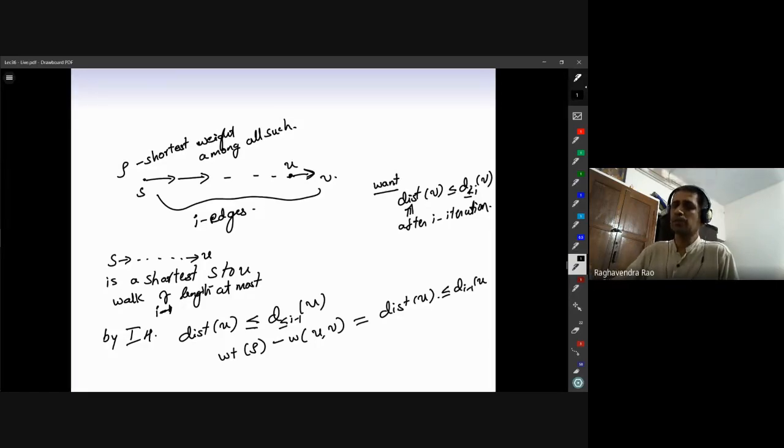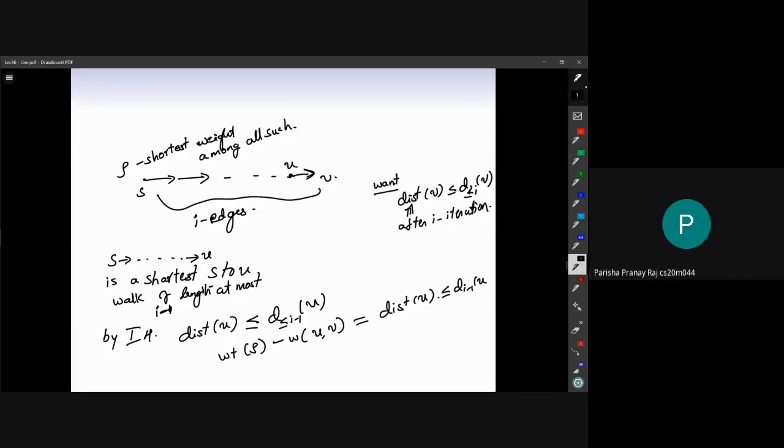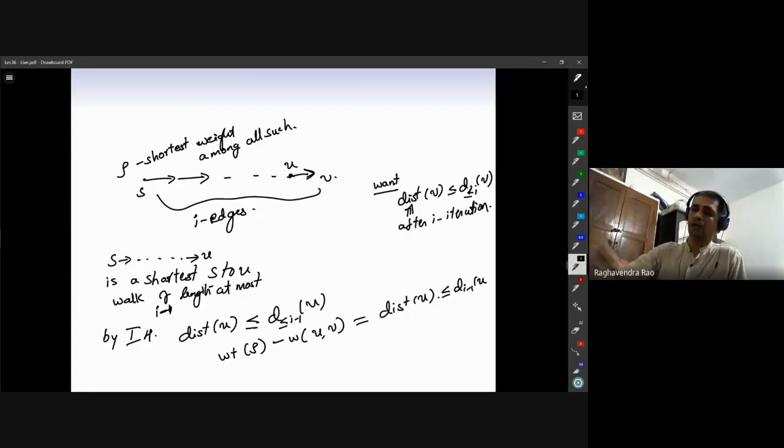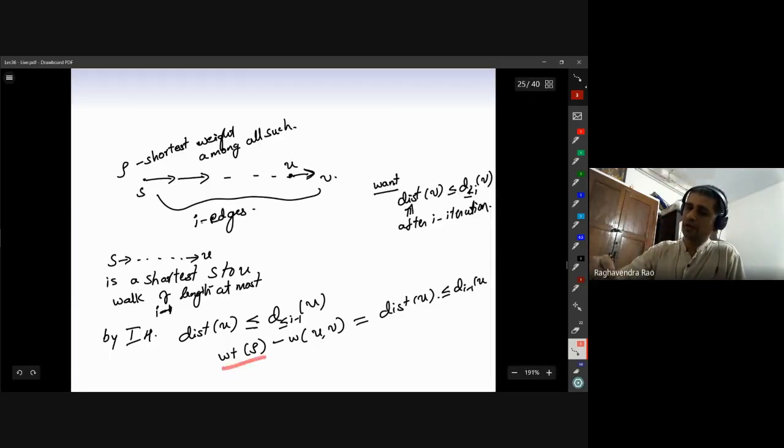Then we just relate the weight of the chopped path with the weight of the whole path. So distance of u is nothing but weight of rho minus weight of this edge, right? That's what we are going to use.